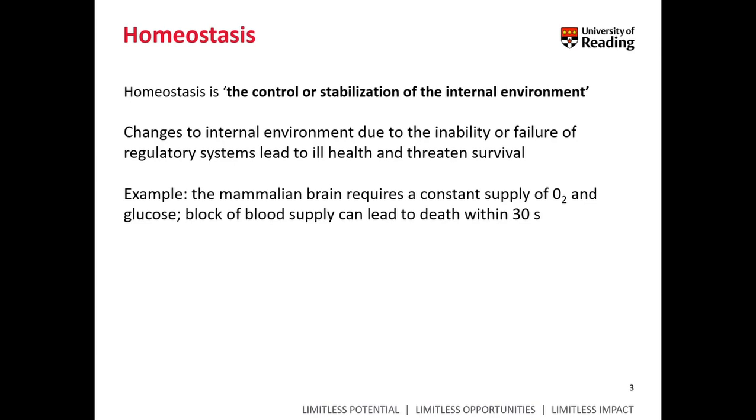Our brain, and that of every mammal, needs a constant supply of oxygen and glucose. If we interrupt the supply of oxygen and glucose to the whole brain at the same time, that will lead to death within 30 seconds. So, it's a very restrictive parameter.